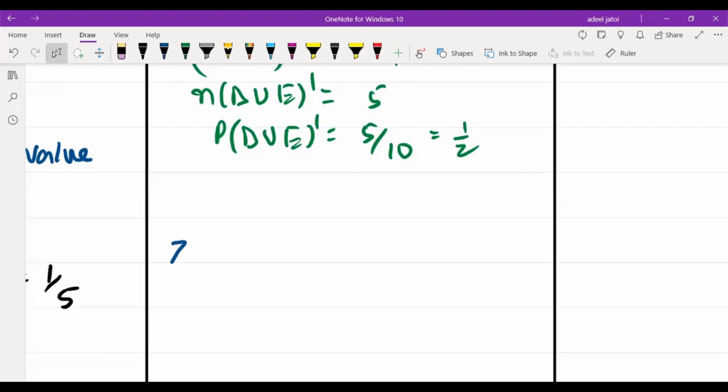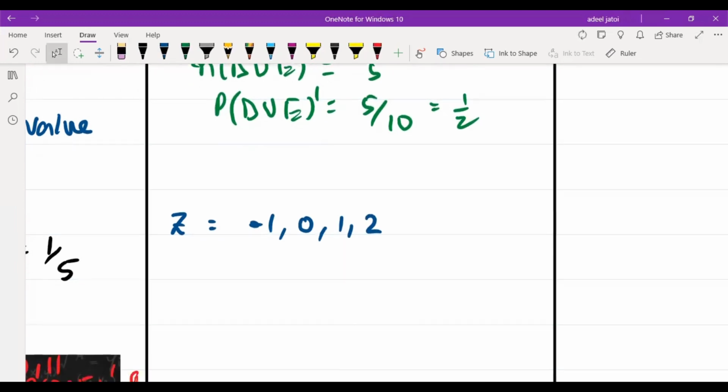If I say a Z set has values -1, 0, 1 and 2, and the question says there's a set X which is an element of Z square, then I need to write down the values of the elements of X.